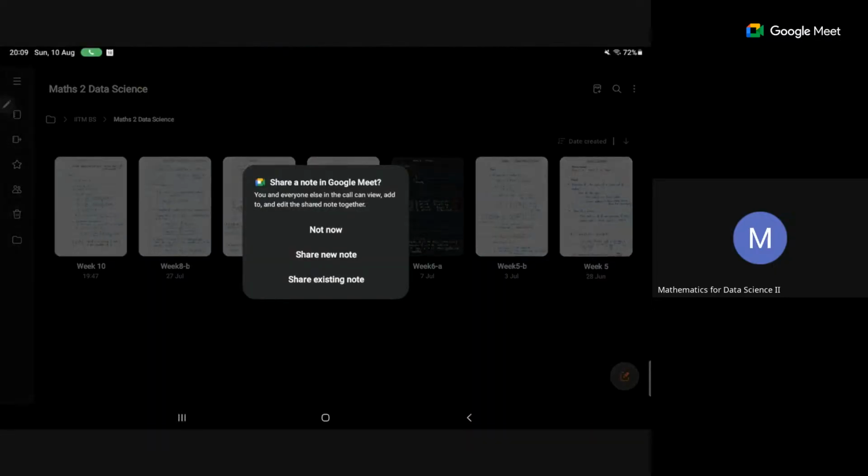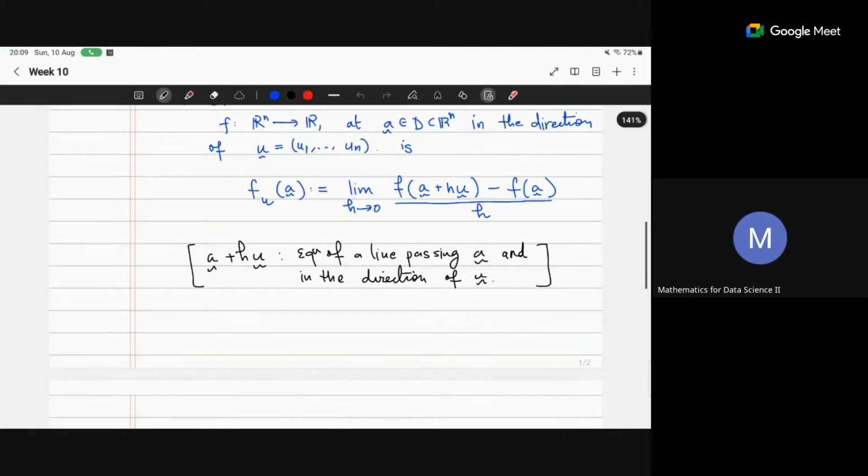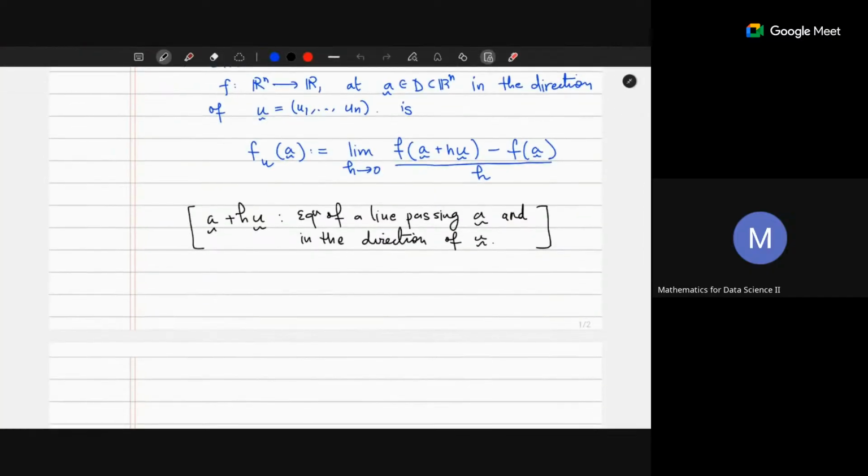So they are constants. So your f becomes just a function of h.